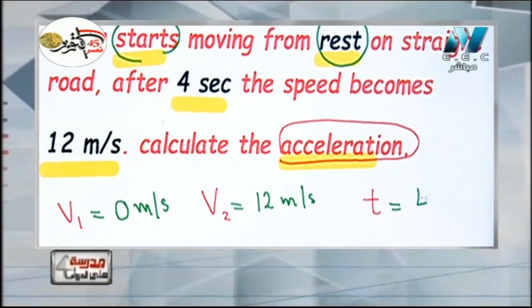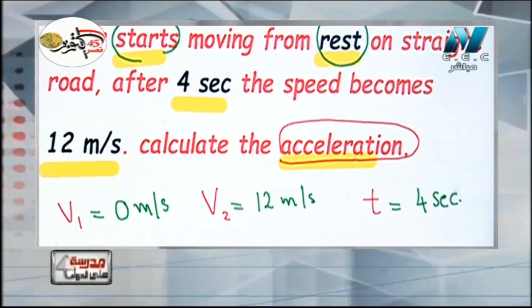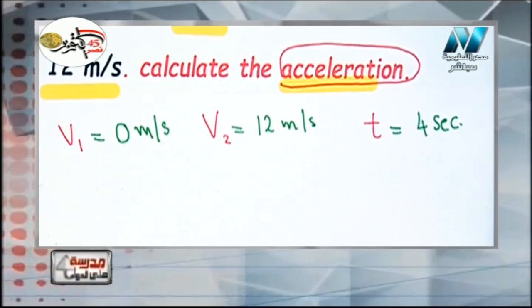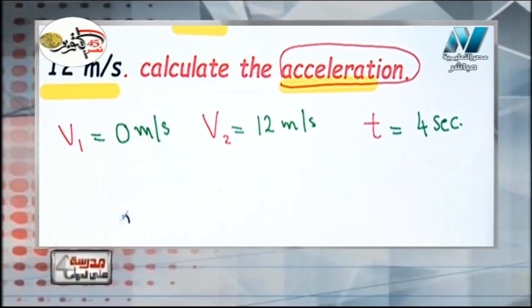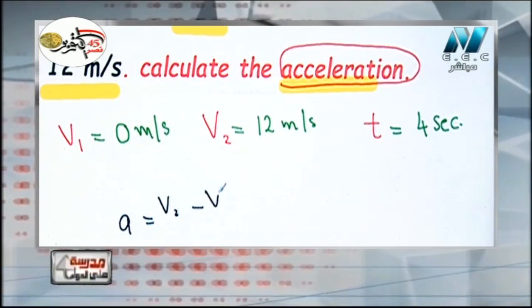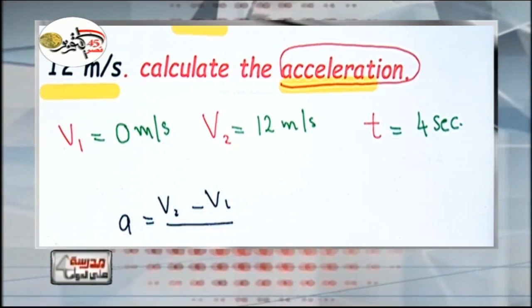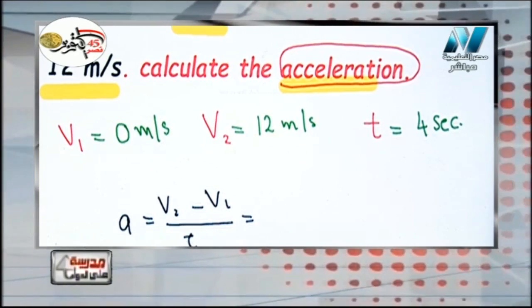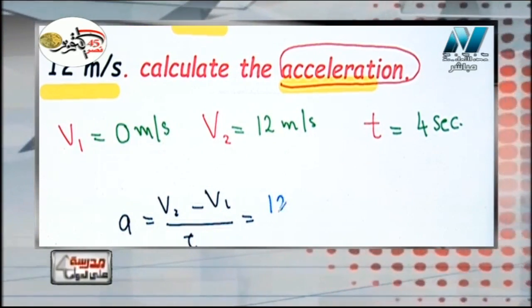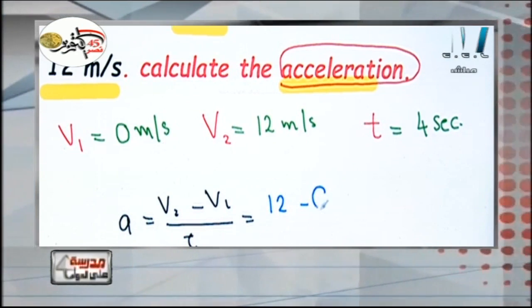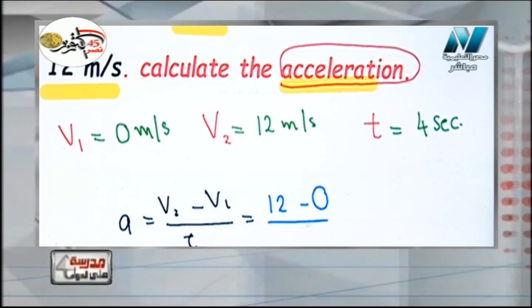Now we can calculate the acceleration from the mathematical law: A equals V2 minus V1 over T, or delta T. So V2 equals 12 minus 0 over 4.